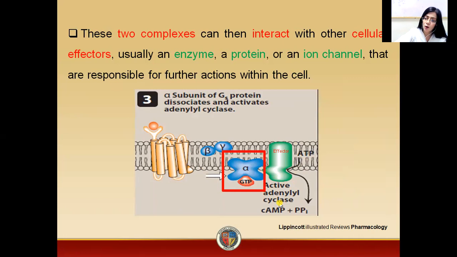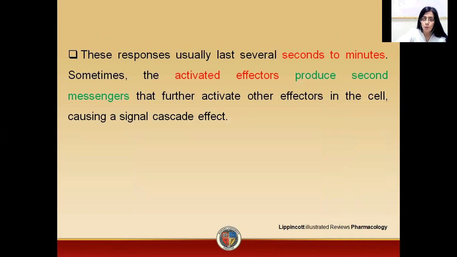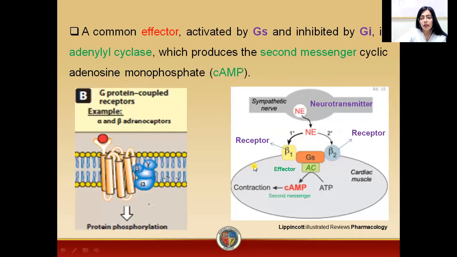Now this complex is binding or interacting with the enzyme adenyl cyclase. The response usually lasts for seconds to minutes in the case of G protein coupled receptor. The activated effector, that is the enzyme in this case, will produce a second messenger, that is cyclic AMP.